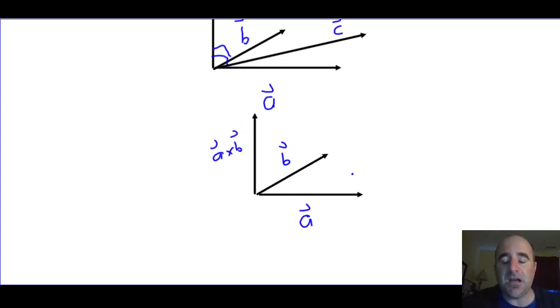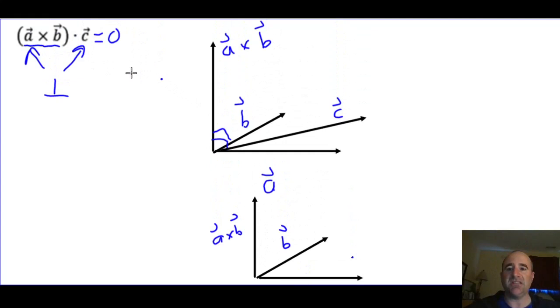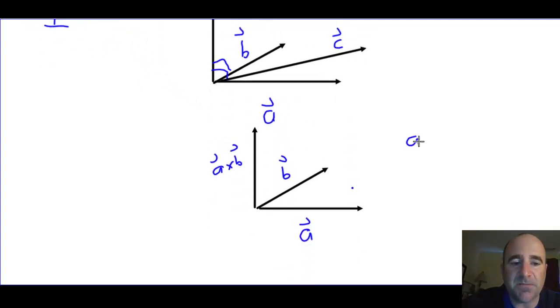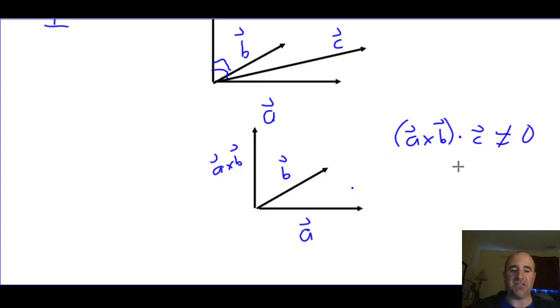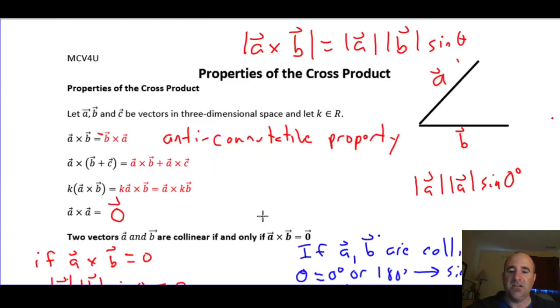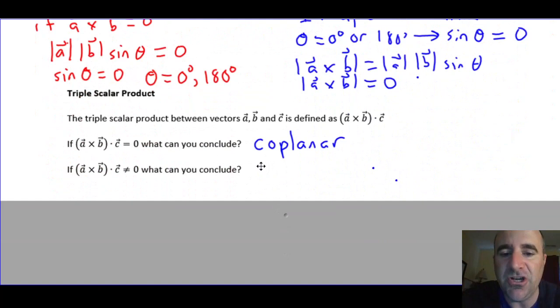And if this time I do the triple scalar product and I don't get 0, it must be that A crossed with B is not perpendicular to C. So vector C is somewhere else, but it is not on the same plane as A and B. Maybe it's really hard to think about it on a 3D surface, but it can't be on this same plane. And so in that case, we'd say the vectors are what's called non-coplanar.